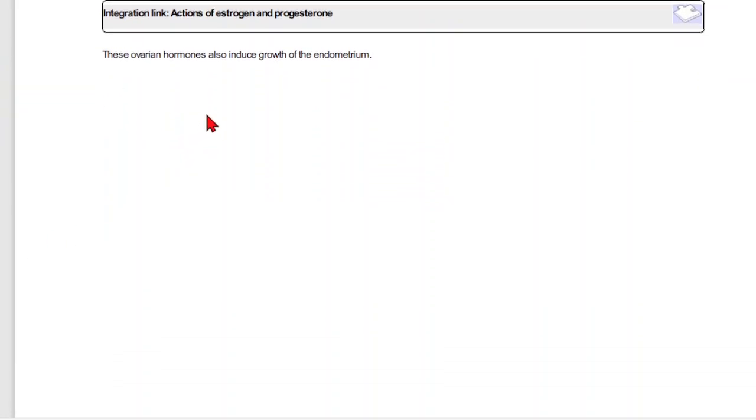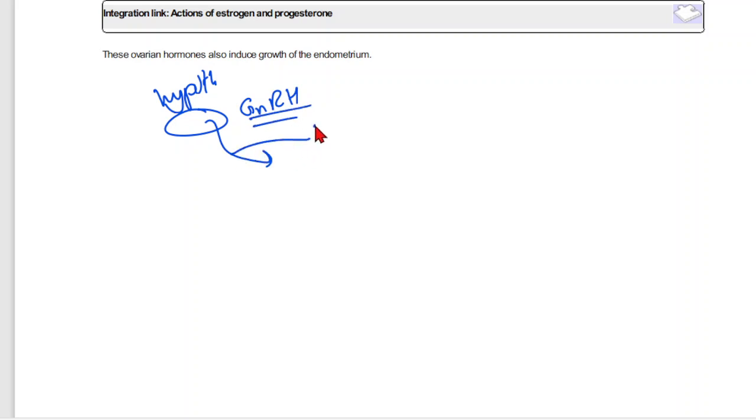First of all, for example, this is the hypothalamus. From the hypothalamus, the gonadotropin releasing hormone, GnRH, is released and goes to the hypophyseal portal system, to the anterior lobe of the pituitary gland.